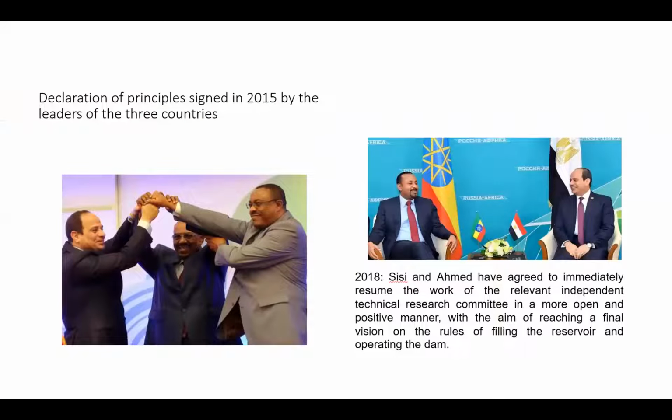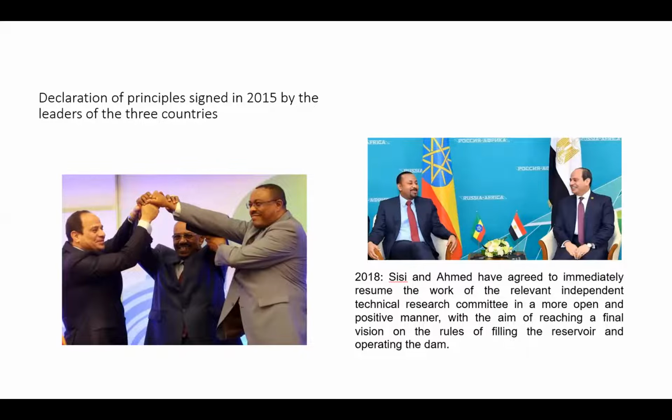Regardless, a breakthrough was reached in 2015 when the 3 leaders from the 3 countries, Egypt, Sudan, and Ethiopia, signed the Declaration of Principles. Details of what the Declaration of Principles was can be found online. This was later reaffirmed in 2018 when Prime Minister Abiy, the current Prime Minister, and Sisi met in Cairo. The 2 leaders agreed to resume talks and discuss the GERD filling procedures.